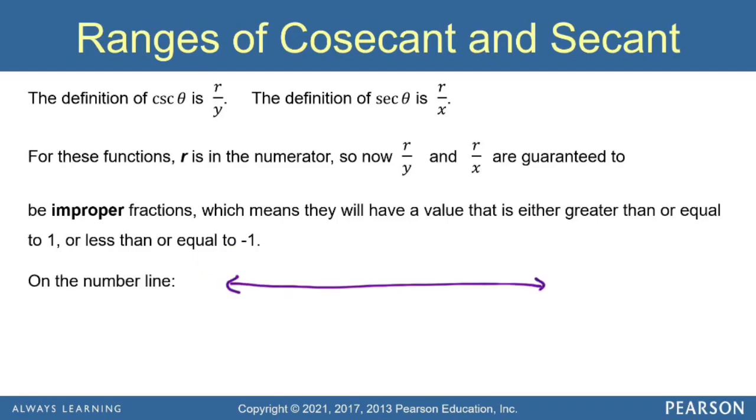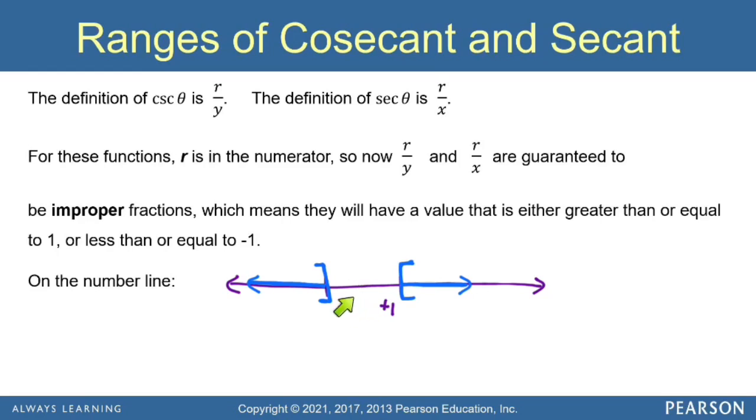On the number line, it would look like this. We've still got our -1 and +1 labeled on our number line. Now, because we're dealing with improper fractions here, we're dealing with something that's either less than -1 or equal to -1, or it could be greater than +1 or equal to +1. So you see what's happening here.